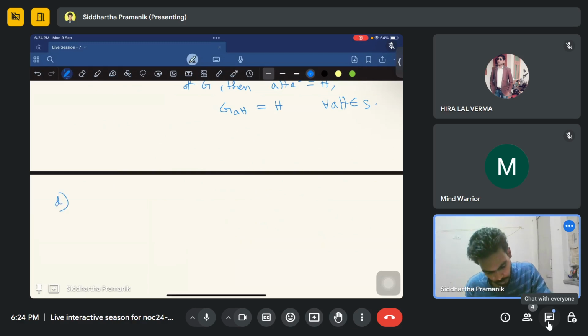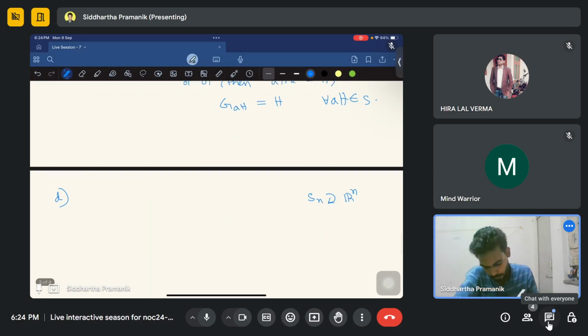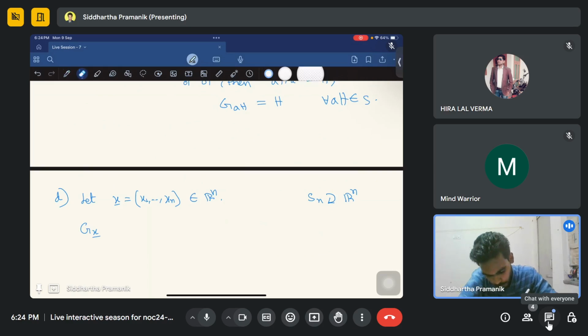So here Sn acts on Rn. So let x belong to Rn. So we need to find the stabilizer of this element x. We are going to take some special kind of element.